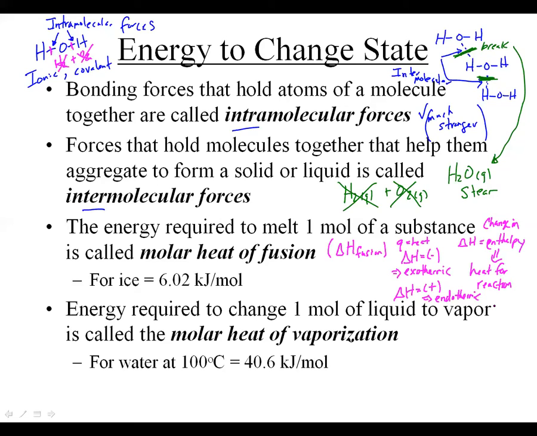And the molar heat of fusion is specific for this transition going from solid to liquid, or vice versa, from liquid back to solid, which for water occurs at 0 degrees Celsius. Again, that number would be different for different substances, but for water, it occurs at 0 degrees Celsius.